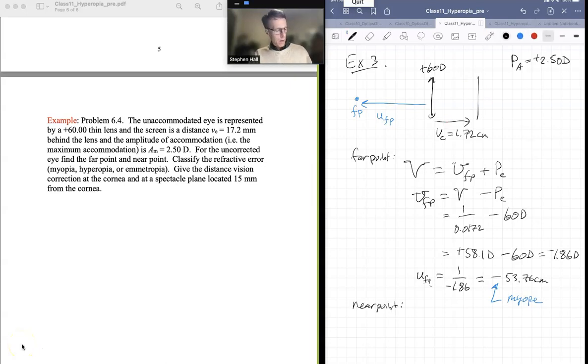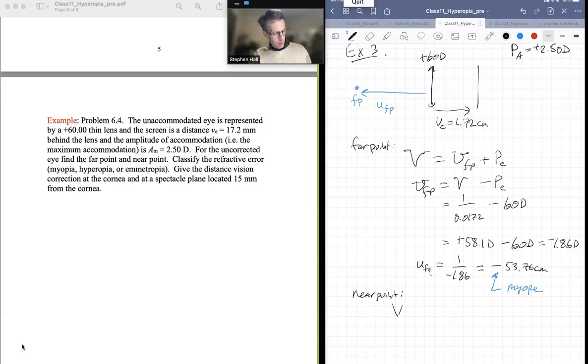Okay, so now let's find the near point. Again, we're going to use the divergence equation, locating the near point object divergence. And when we do that, we will be accommodating, so we have both the power of the eye and the power of accommodation. So the near point divergence is going to be our image divergence minus the power of the eye minus the accommodating power.